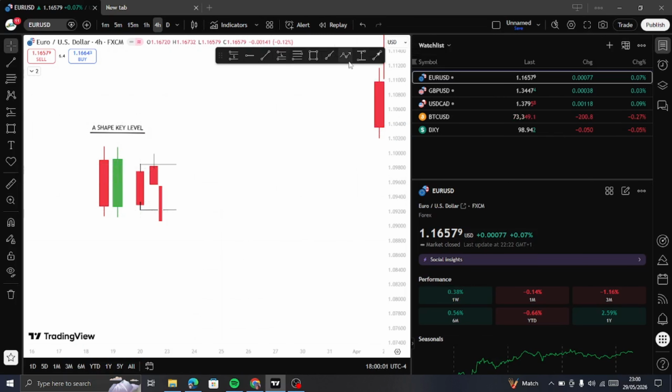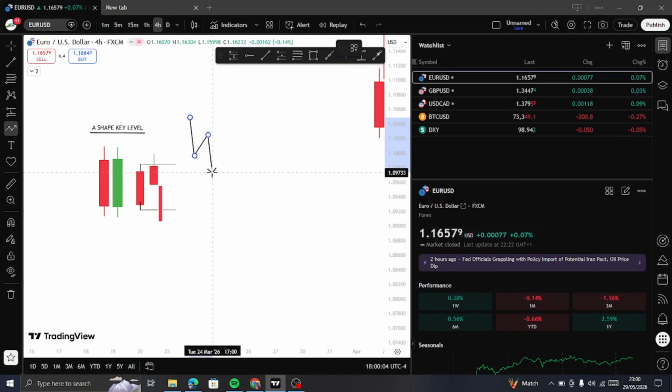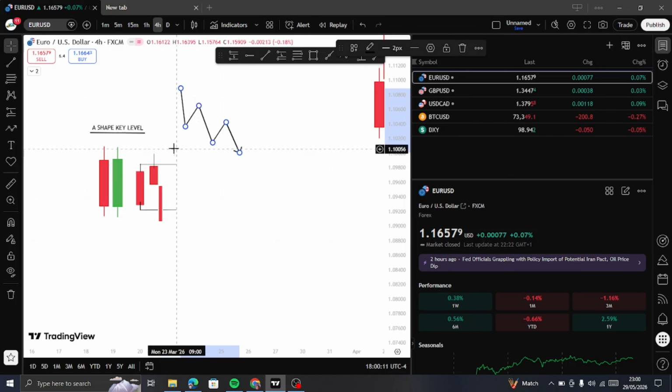On this trade, let's assume we are on downtrend. So what is a key level? I can say a key level is like a support which tells you your trade is an A plus setup.